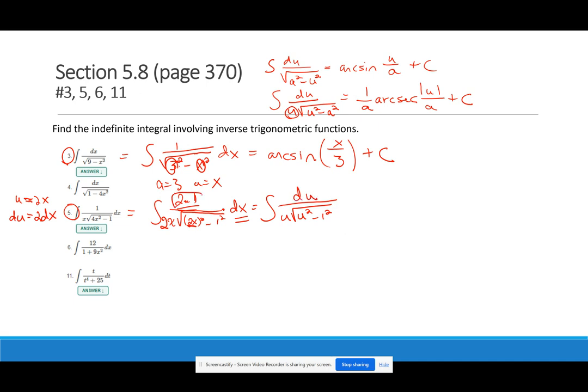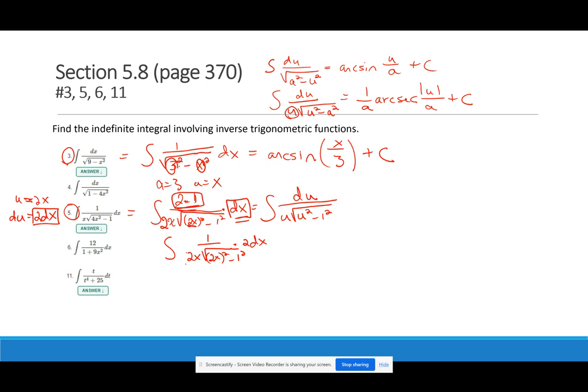This could be written as 1 over 2x with the square root of 2x squared minus 1 squared, and that 2 dx could be over here. That would say the same thing. So I'm noticing that I can replace 2 dx with du. That's basically what I did.